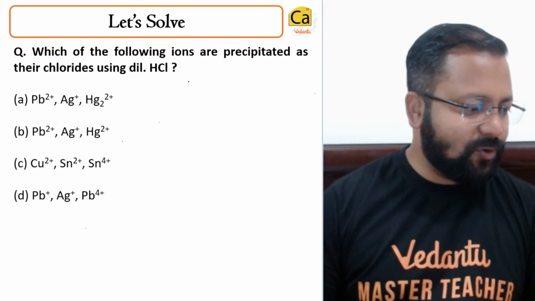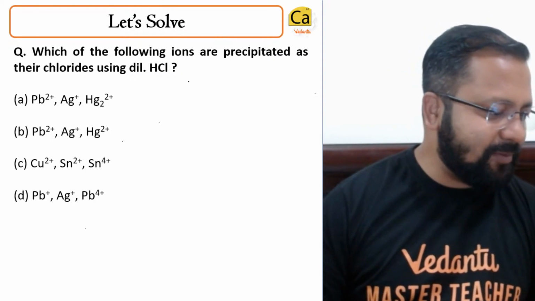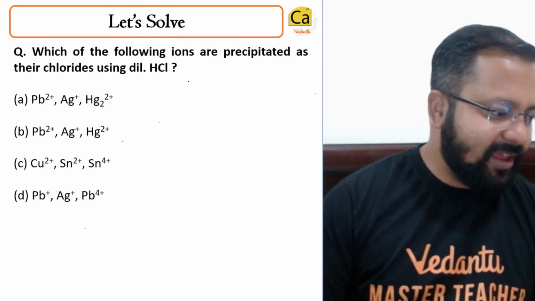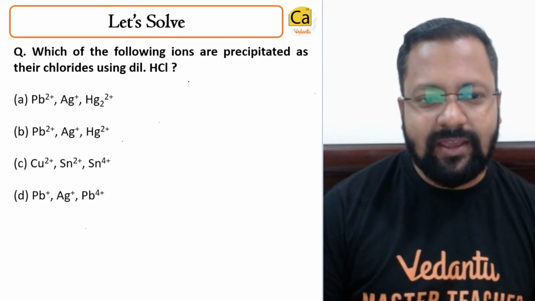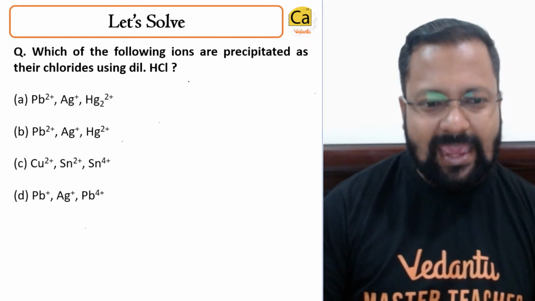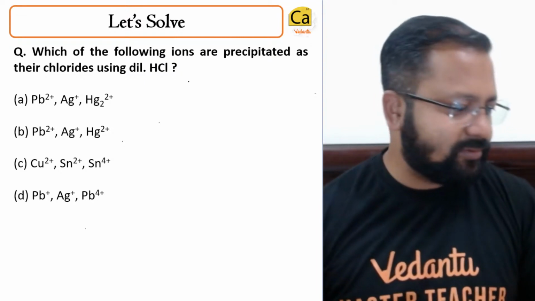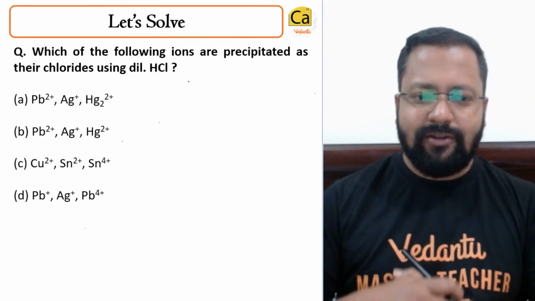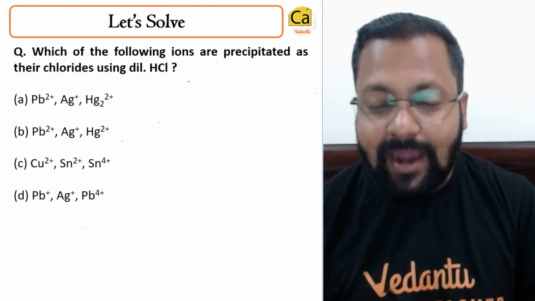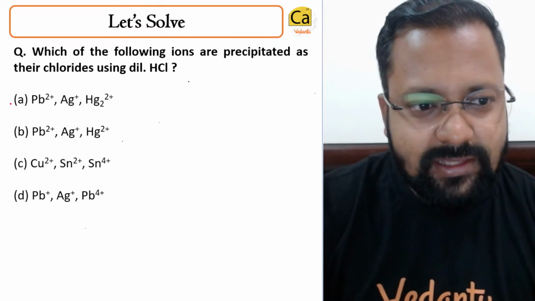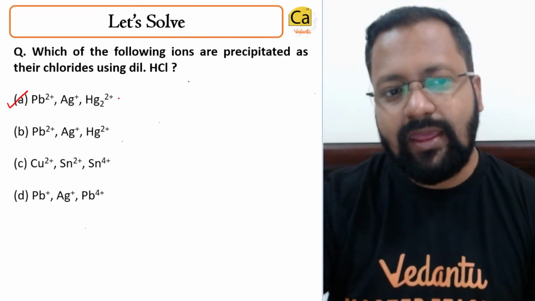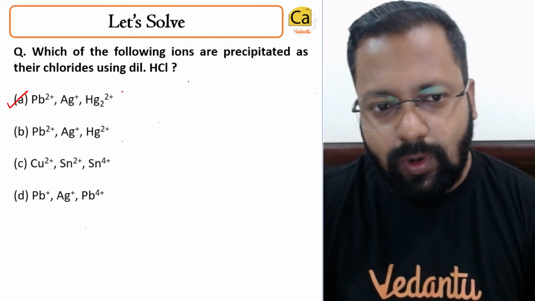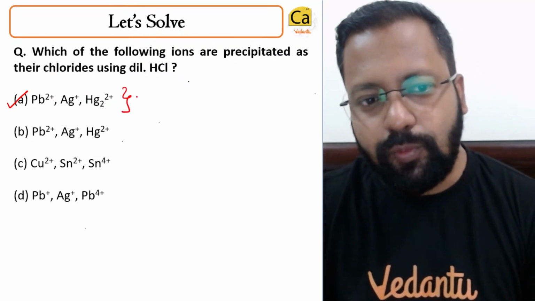Let's see how many people have answered this. Likita is saying that it is A. Let's see other people. Anybody else? The right answer to this question in fact is A. What are the ions present in group 1?